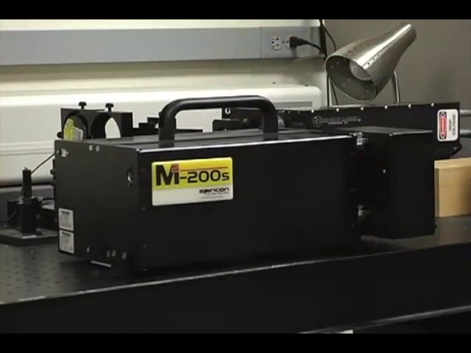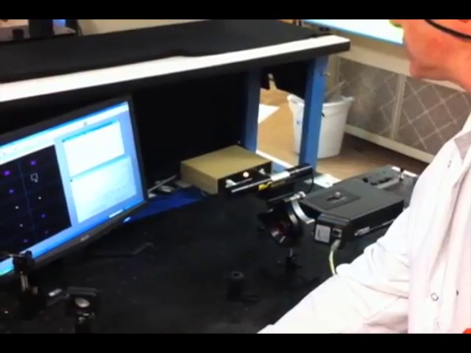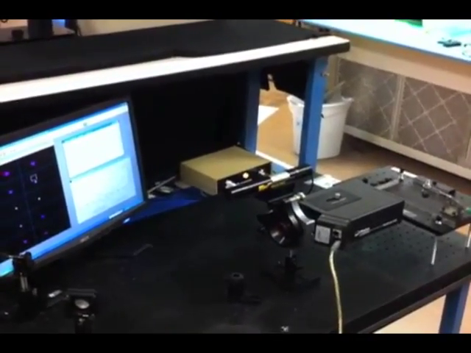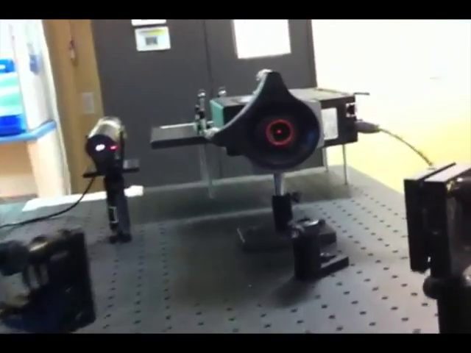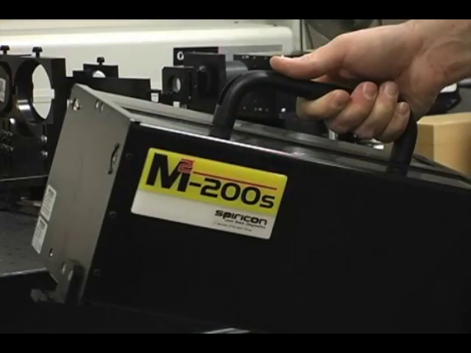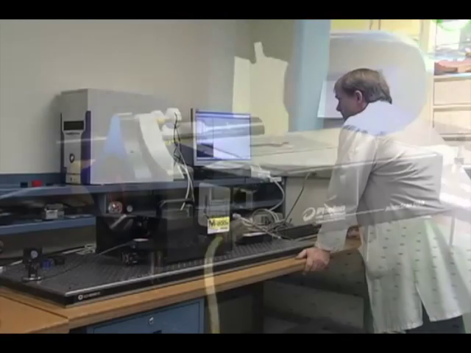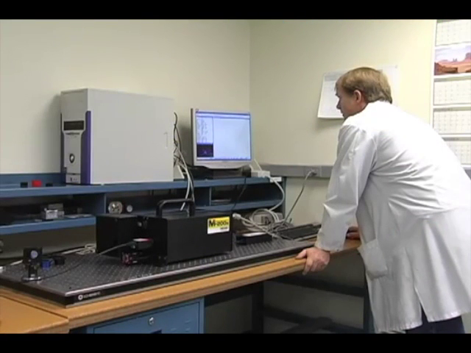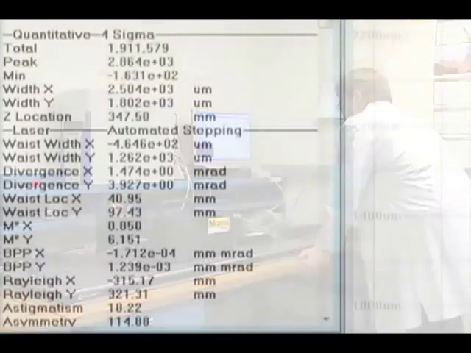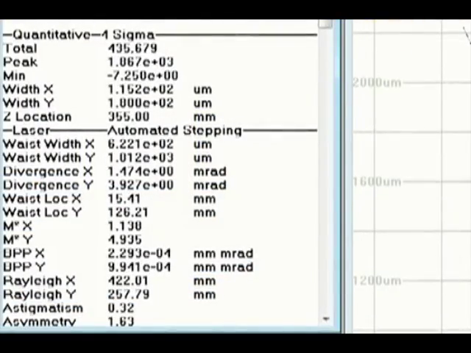These scientists require the accuracy and flexibility the Spiricon and Photon beam propagation analyzers provide. Customers and users of these laser systems employ either the Spiricon M²200S or the Photon 1780 to assure the lasers they are receiving have the beam quality that they expect. These customers find the high throughput speed and accuracy of these instruments essential to the success of their operations.